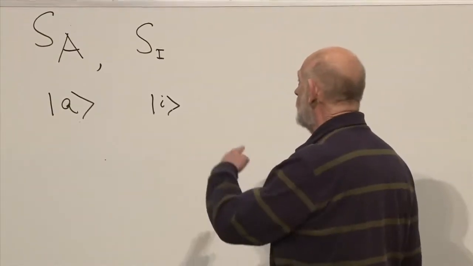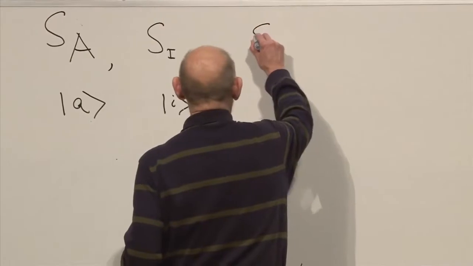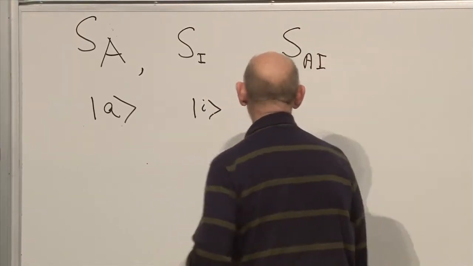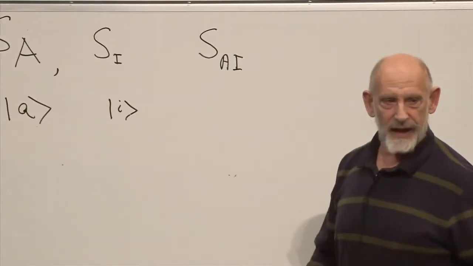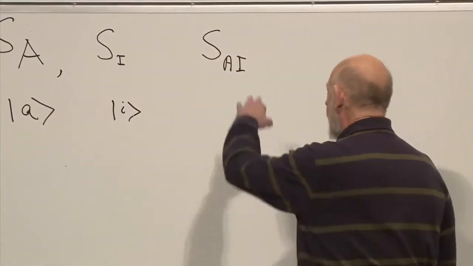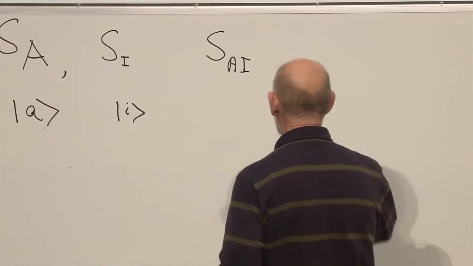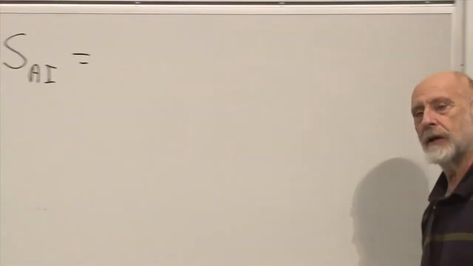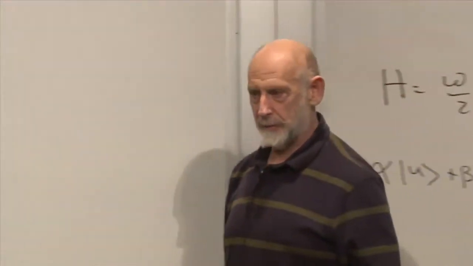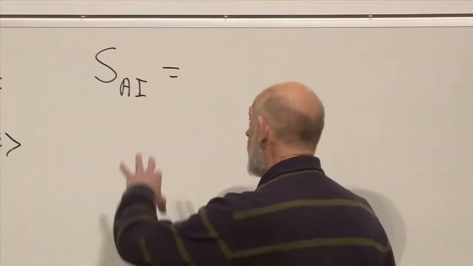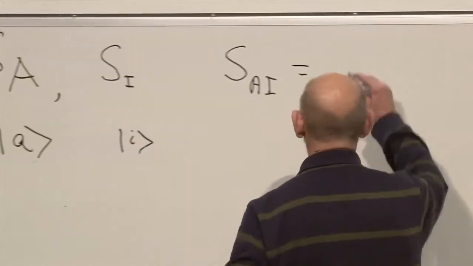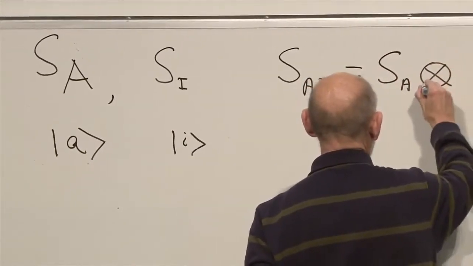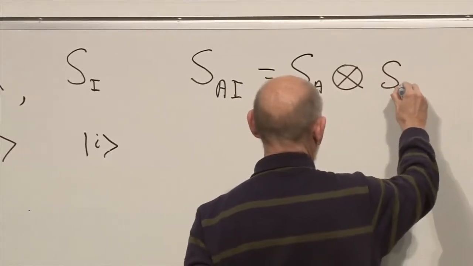Okay? You build a space of states of the system AI, which means A and I together, both of them. That space of states is called, mathematically, what is called the tensor product. I'll tell you what it means in detail, but it's the tensor product of the two spaces of states, SA, and this is the symbol for tensor product, SI.